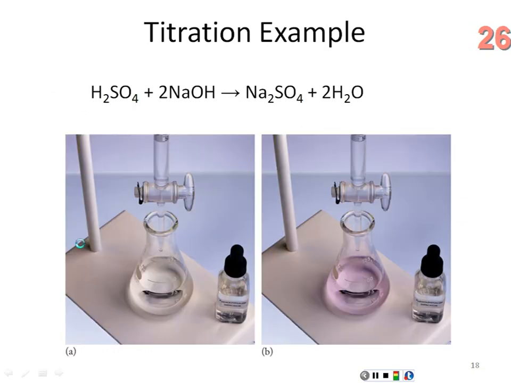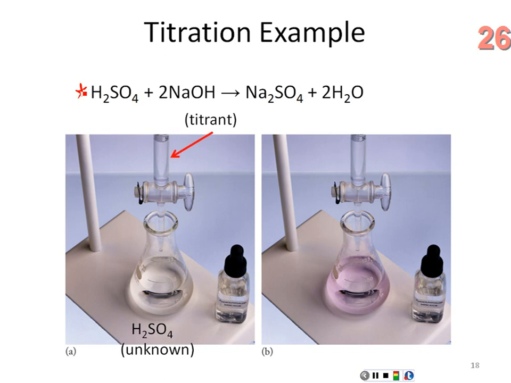Okay, so if we look at a figure of what a titration looks like, if we had a reaction of sulfuric acid and sodium hydroxide, shown up here, we'll have let's say a sulfuric acid solution of unknown concentration.